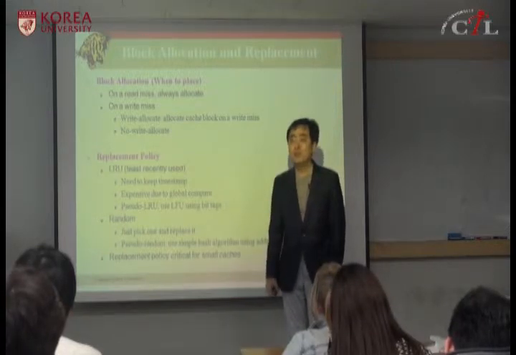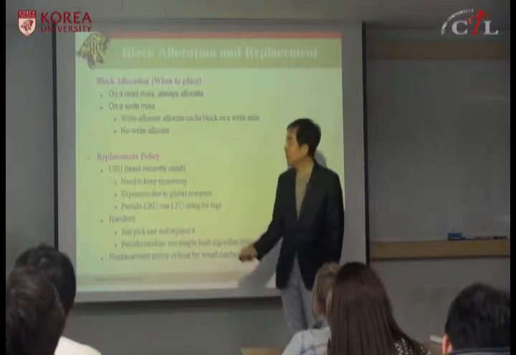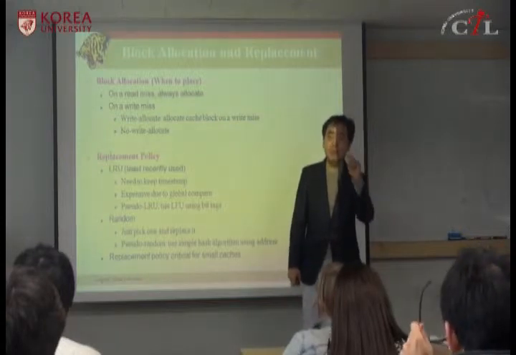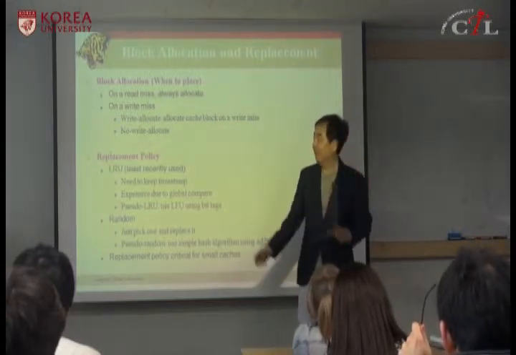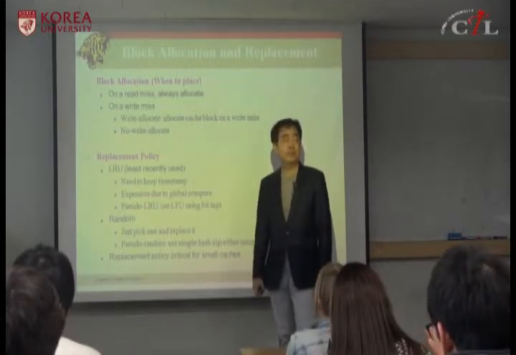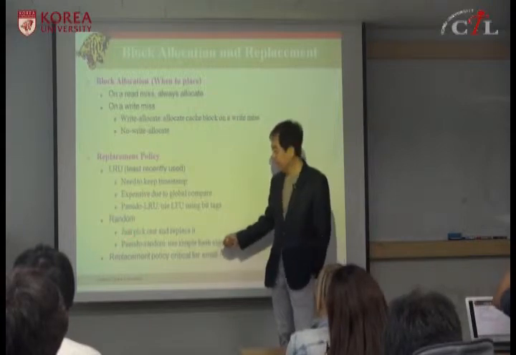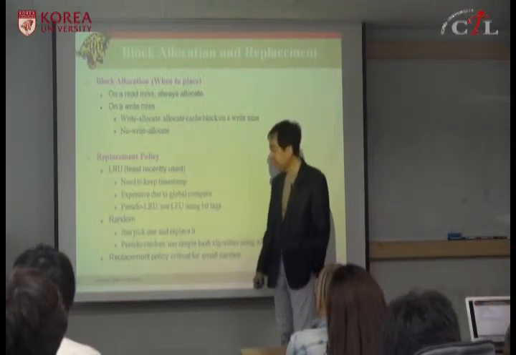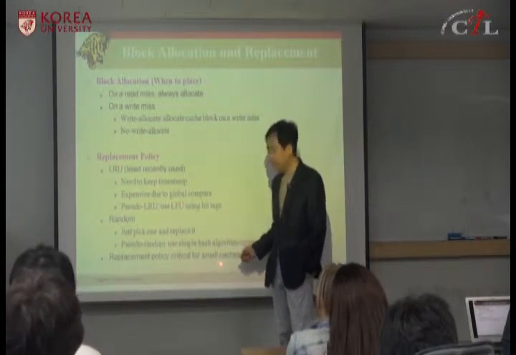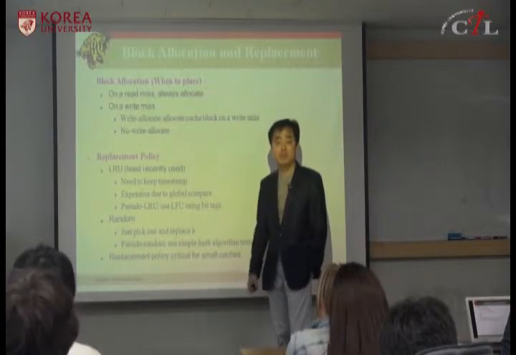For a direct mapped cache, you don't need a replacement policy, because there is only one location, so you have to evict that one. Anyhow, pseudo-random is more like hashing. This replacement policy is critical for small caches, but for large caches, it's not important.